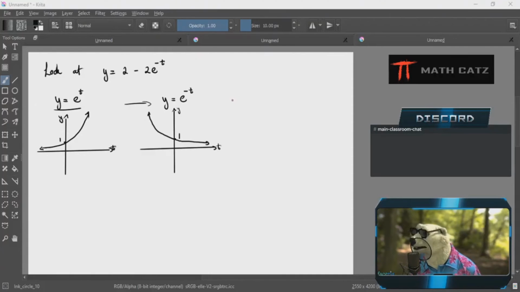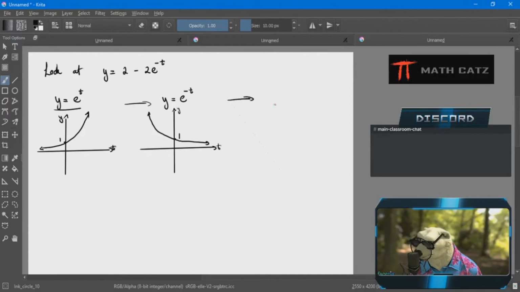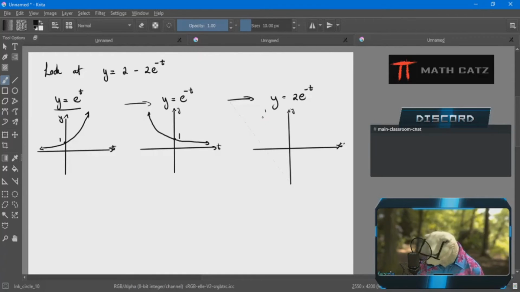Now, what's next here? I could perhaps multiply the whole right-hand side by 2, e to the negative t. What happens to the graph? Well, not much. I'm just stretching it out a little bit. I'm not going to emphasize the stretch too much. I'm so wobbly this way around.